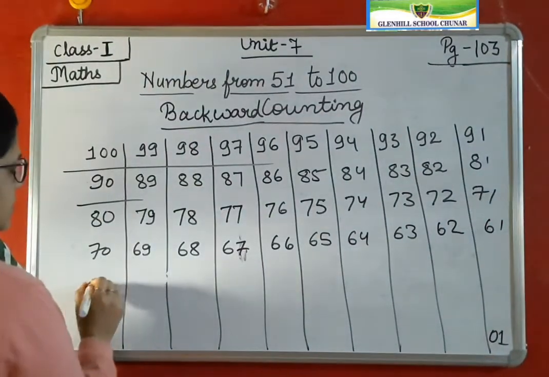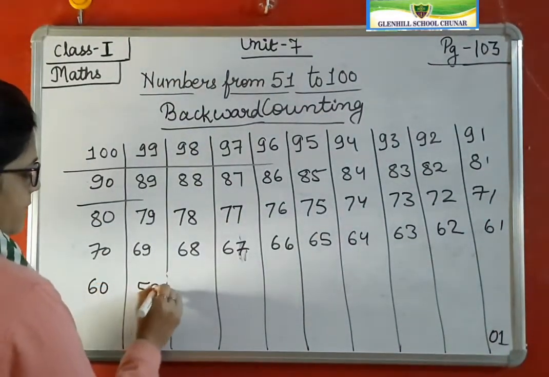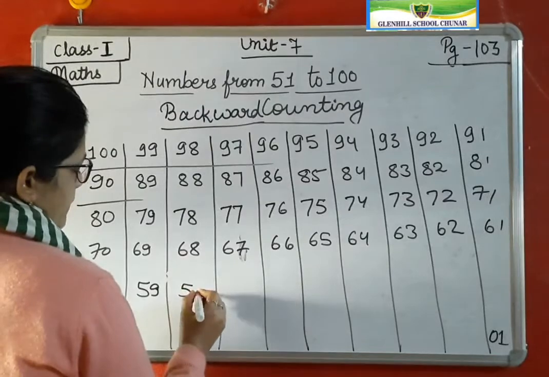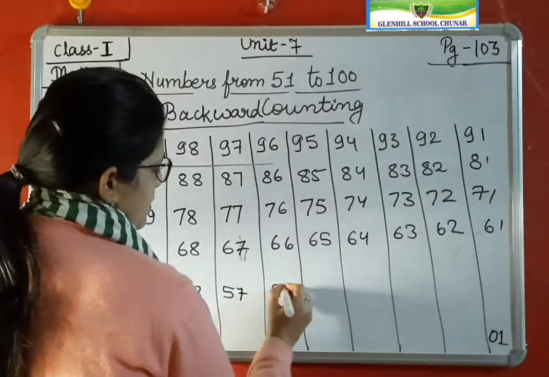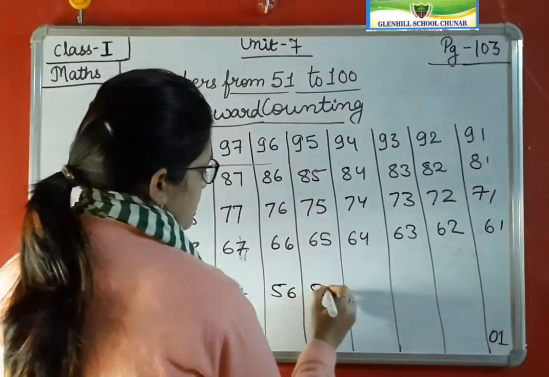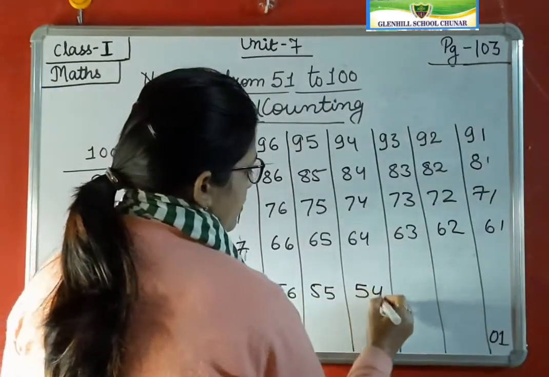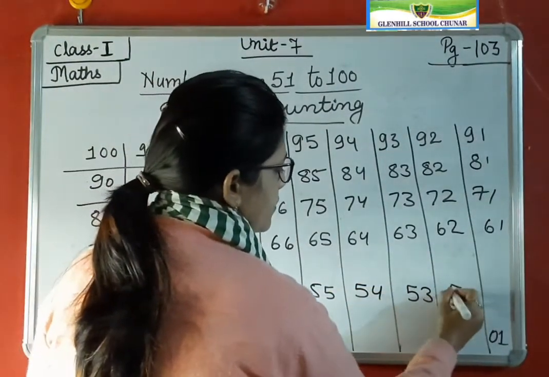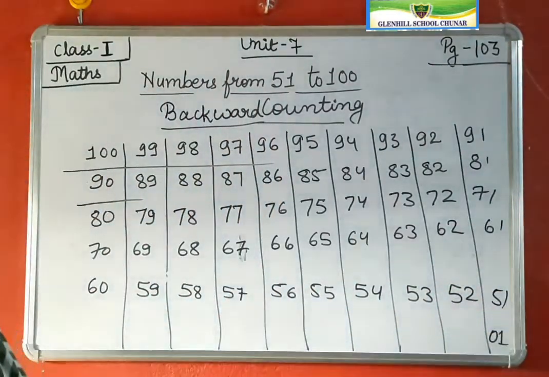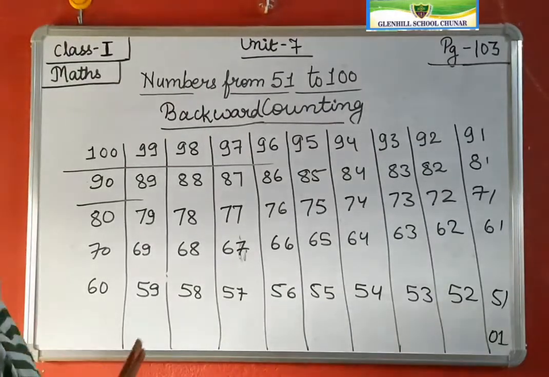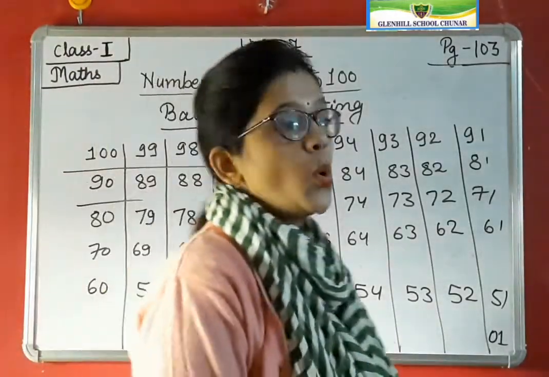Then 60, 59, 58, 57, 56, 55, 54, 52, 51. So up to this you have to complete up to 1.